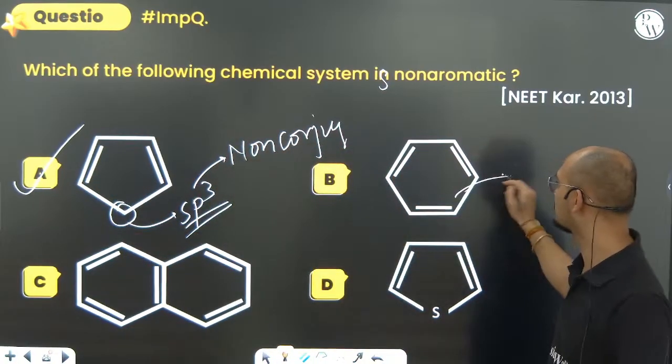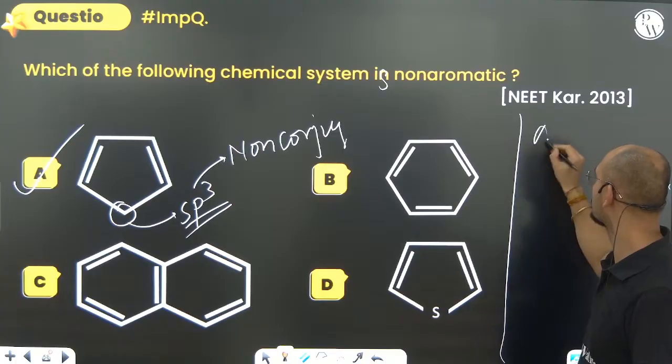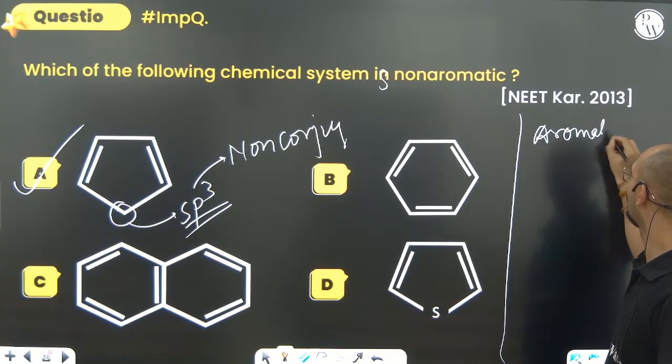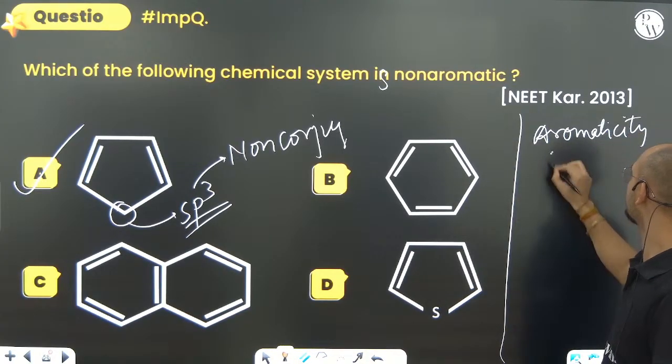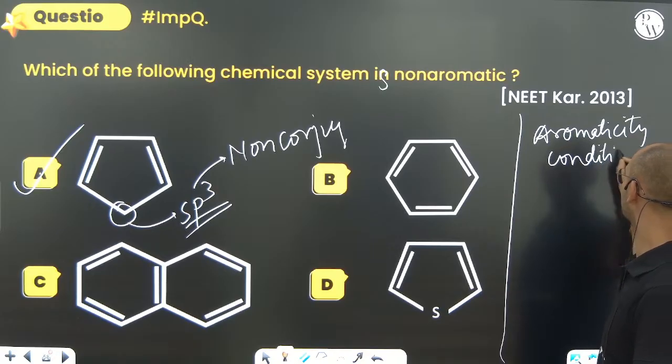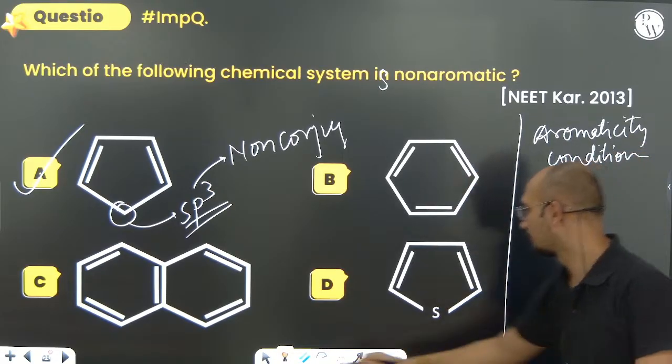Can you see, this is aromatic, aromaticity के लिए होता क्या है, शर्त क्या है, what is the condition, aromaticity condition, can you help me with that, हाँ चलिए बताइए.